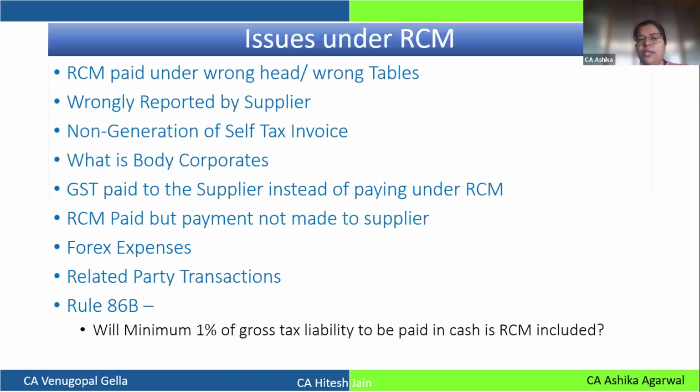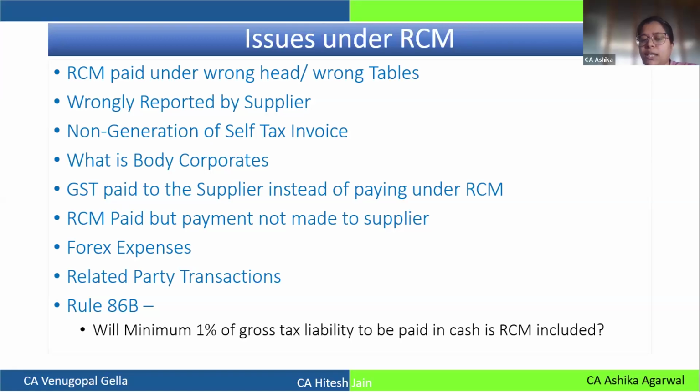Now we will discuss the various issues. Now there can be a case you might have paid RCM under the wrong head. When I say wrong head, I mean tax type: IGST, CGST, SGST. It may be a case you were liable to pay under CGST and SGST, you paid under IGST. What you can do?